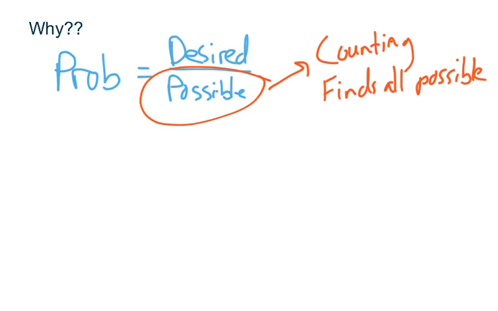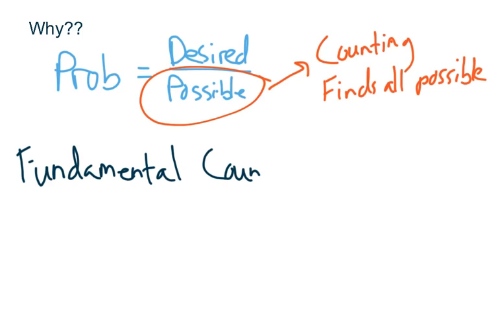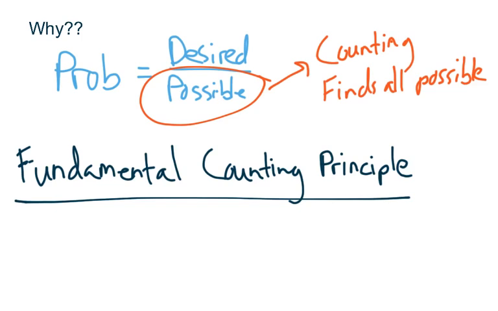Now, we're going to start off with a really key idea, and it is called the fundamental counting principle. And the way it works is we essentially multiply a bunch of different things together.